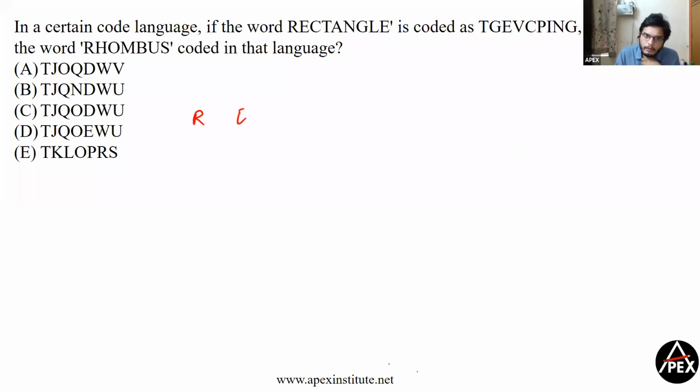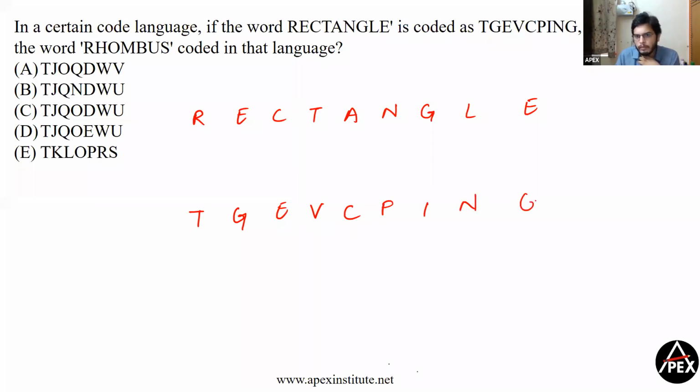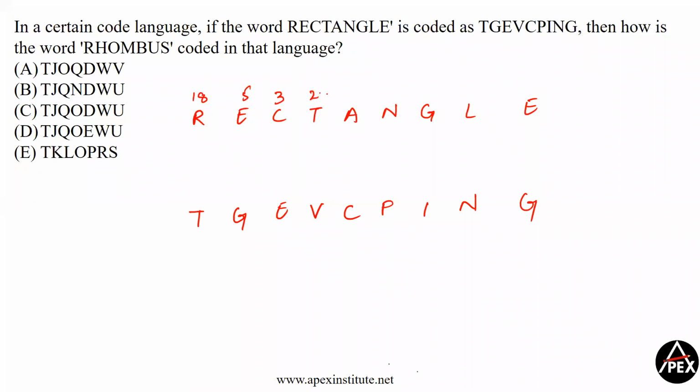So we have rectangle coded as P, G, E, B, C, P, N. L is 12, E is 5.